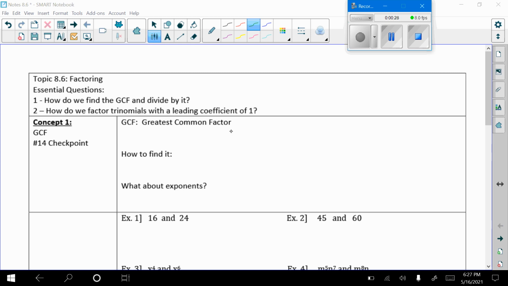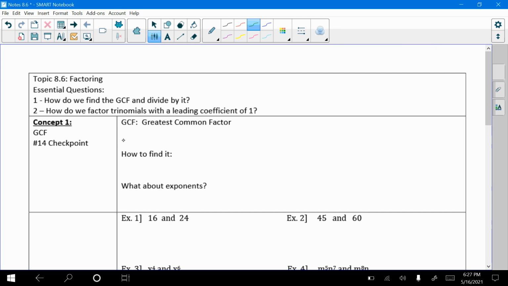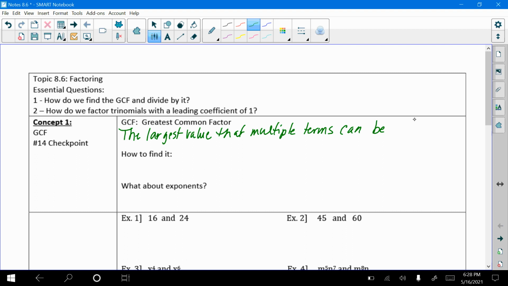It's actually the largest value that multiple items or multiple terms can be divided by equally.